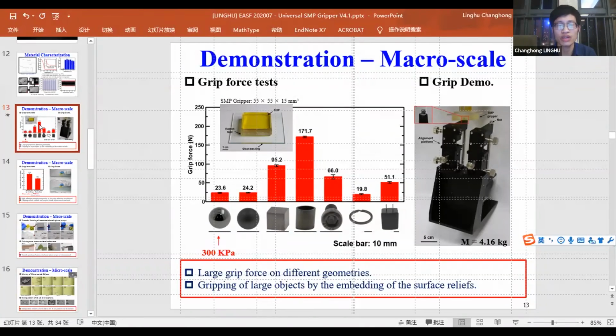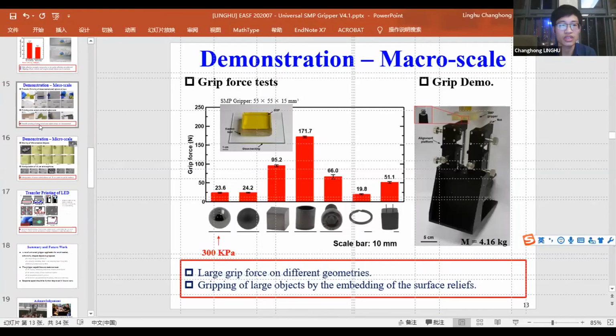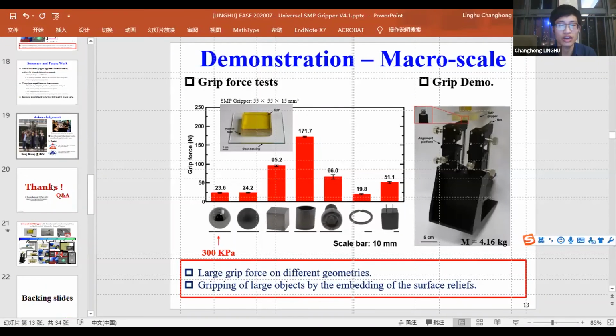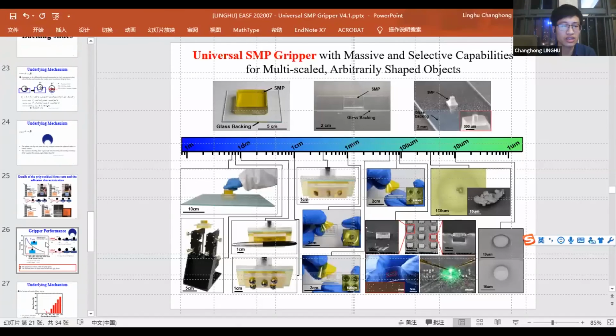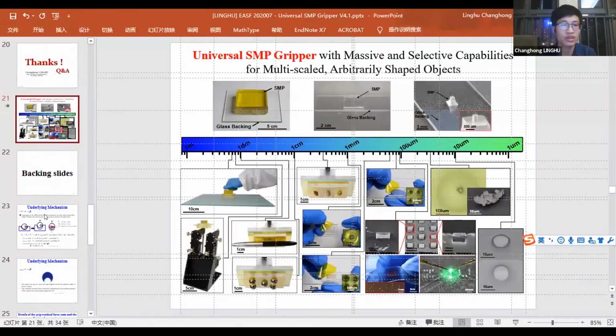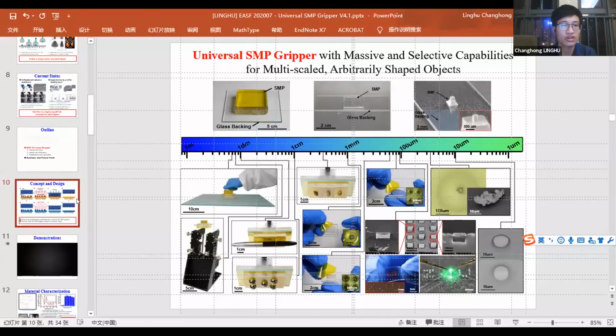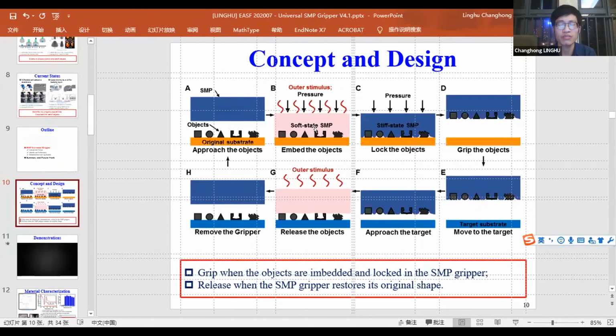For highly irregular objects at the macro scale, I didn't carry out experiments. I think it shouldn't be a problem. We grip by embedding of the objects, so if the object is highly irregular, I think it will form some locking at the same time, which is very helpful to increasing the grip force.